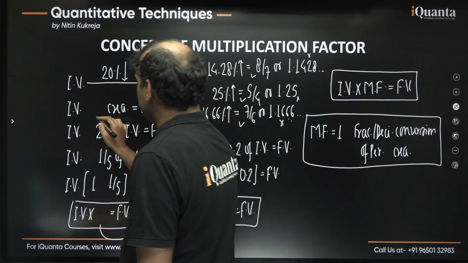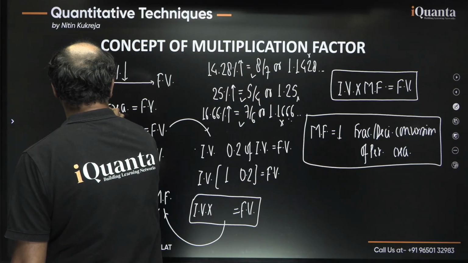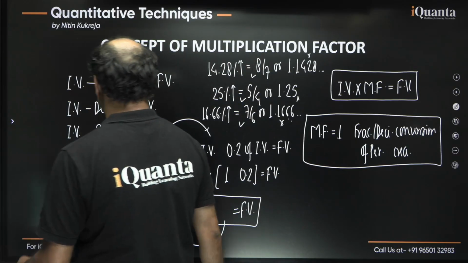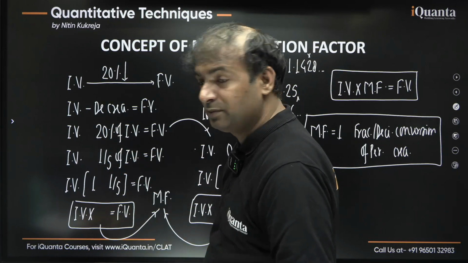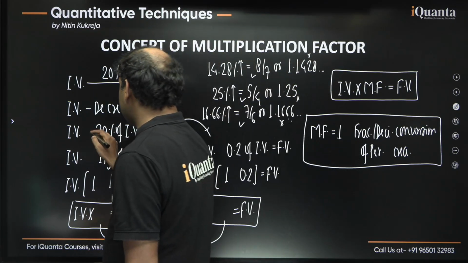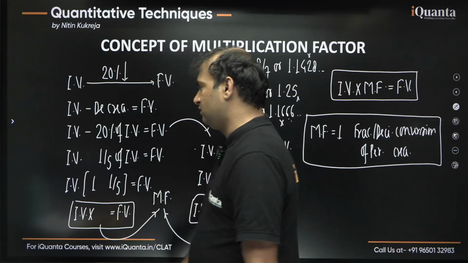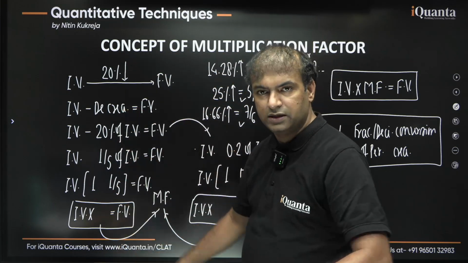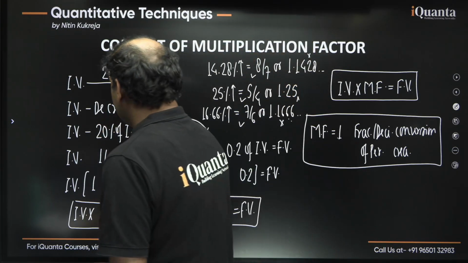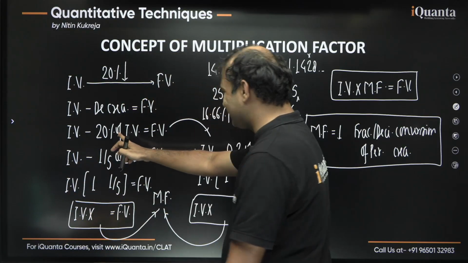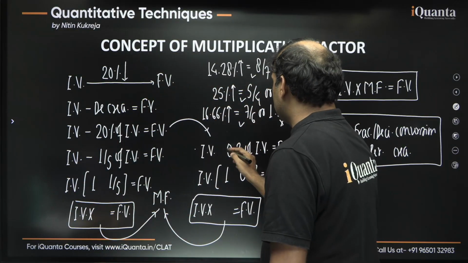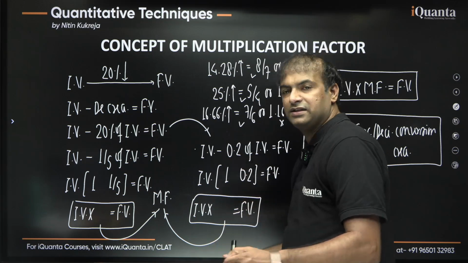Now it has to be, initial value minus the decrement has to be the final value. Then initial value minus 20% of the initial value. Why? Because the example is a 20% decrease. Now 20% we can either write as 1 by 5 in fraction, same as we did before, or it can also be written as 0.2 in decimals.